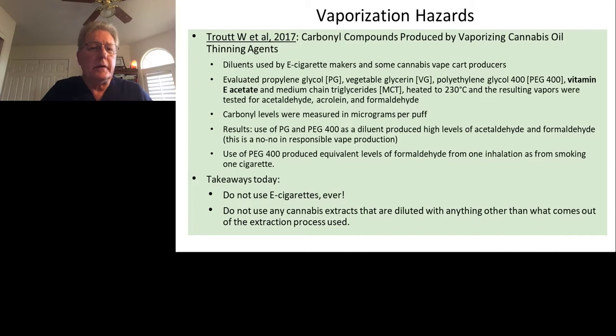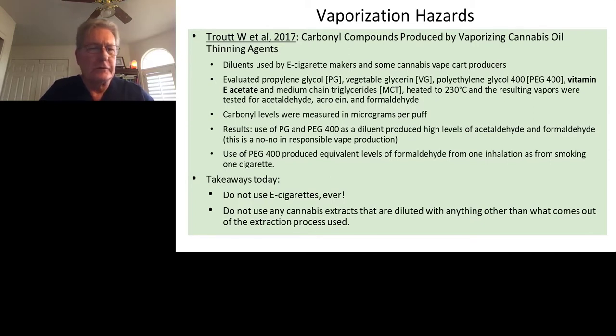Now, recently, there's been a huge amount of concern over e-cigarettes, and it seemed like this all of a sudden started popping up in 2018 and 2019. But this data has been available as early as 2017, looking at the carbonyl compounds produced from vaporizing cannabis oil using thinning agents.